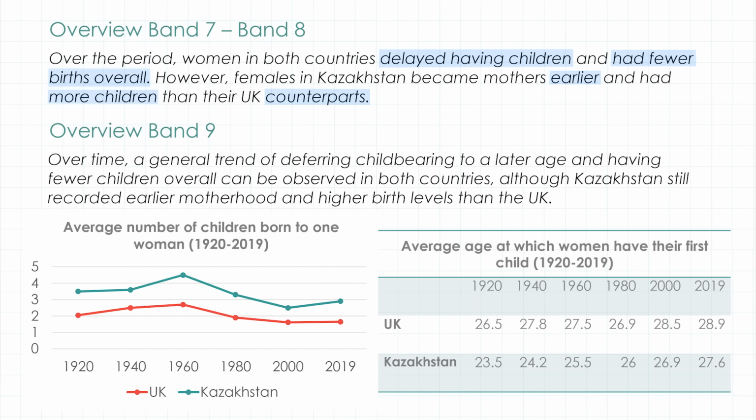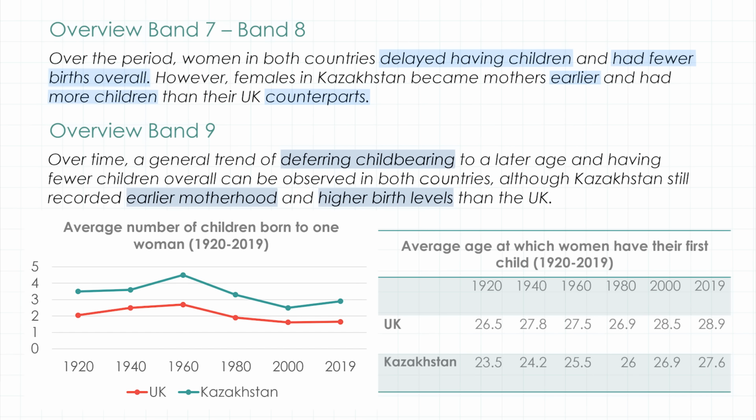So what have we done here? Well, first of all, I added some super precise, super topic-specific vocabulary. "Deferring childbearing" means having children later. "Earlier motherhood" means having children earlier. And "birth levels." If you don't know those terms, don't worry about it, but they do exist in English.